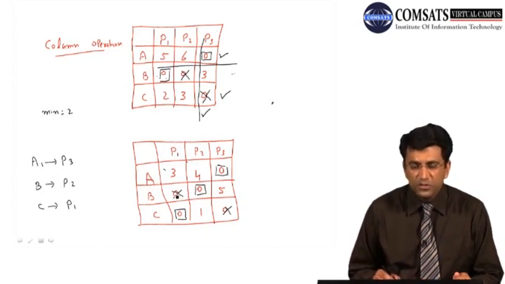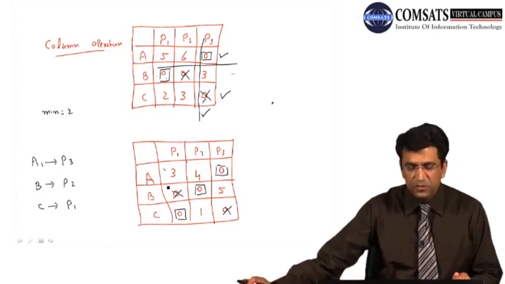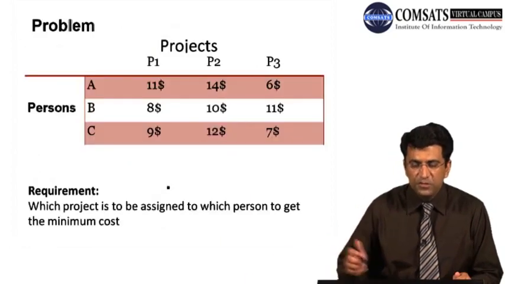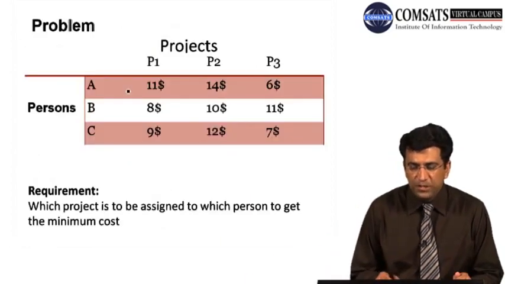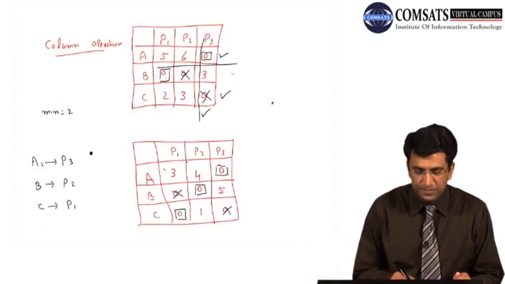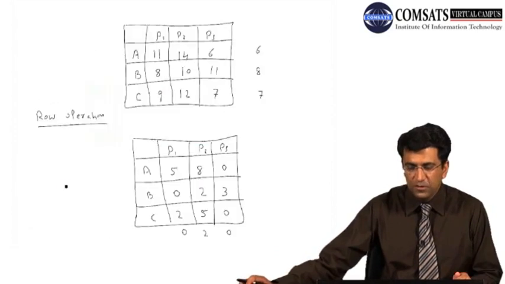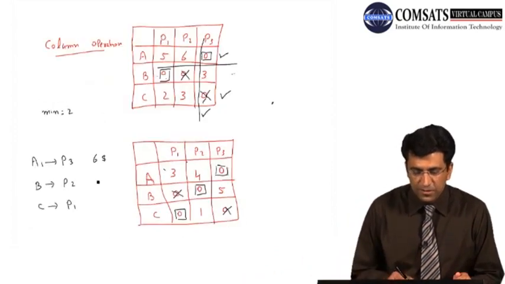Now what is the minimum cost? Again, to find out the minimum cost, we will have to refer to the original table. A1 to P3, in the original table, the cost is $6, so we will write $6 here. Then again B to P2, the cost is $10, so let's write $10 here.